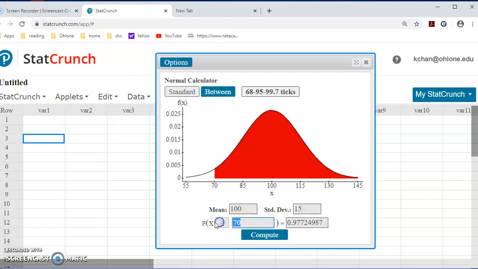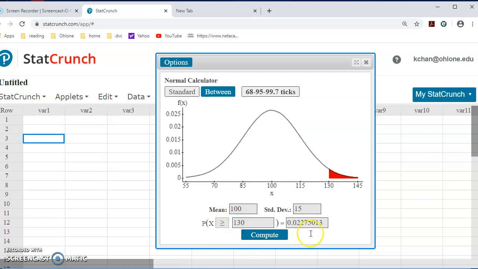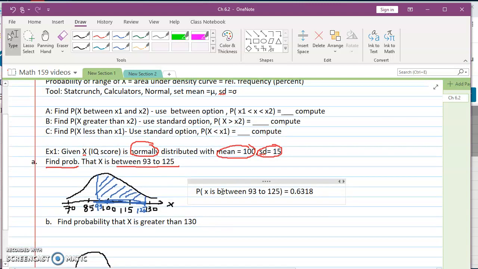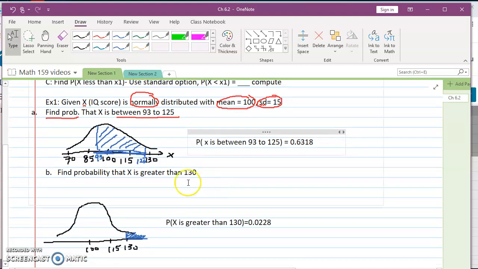This is already greater than 130. Click compute, 0.02275, which is 0.0228. So I go back to my notebook and write down the probability x is greater than 130 is 0.0228. So that's how you do a question like that of finding probability or finding percentage.